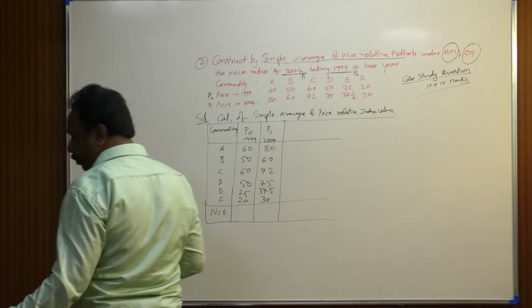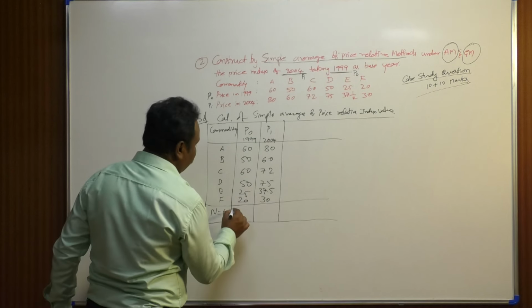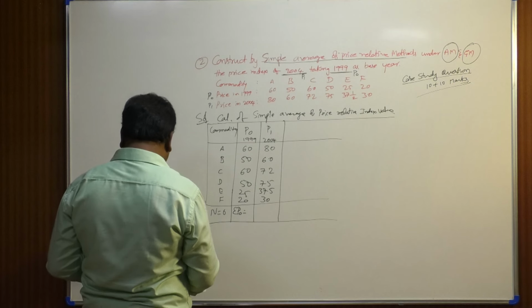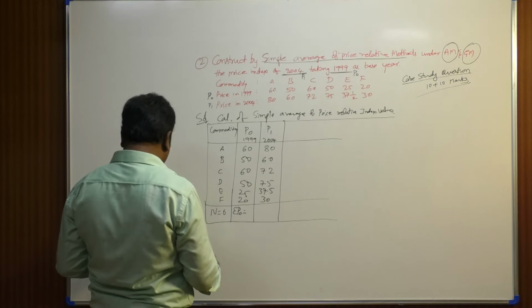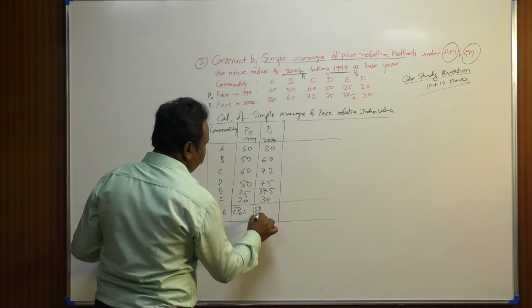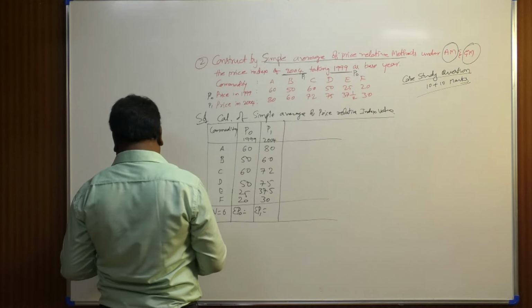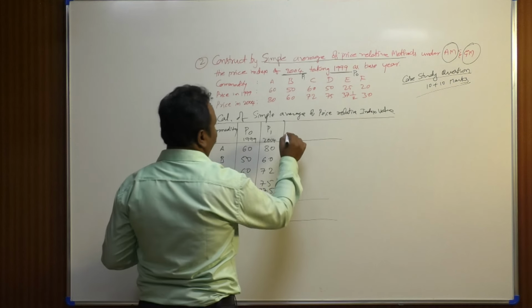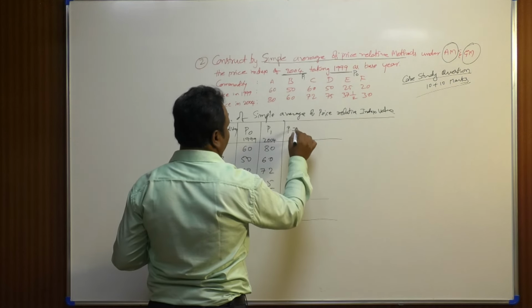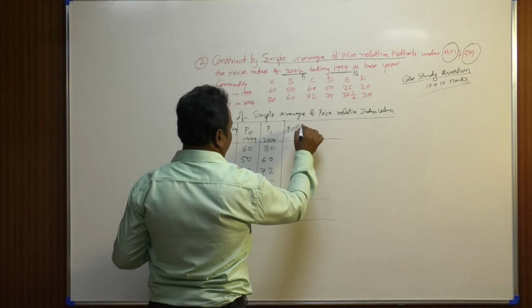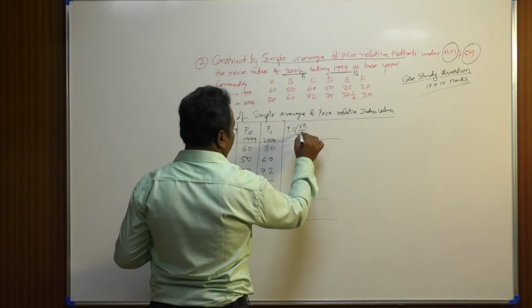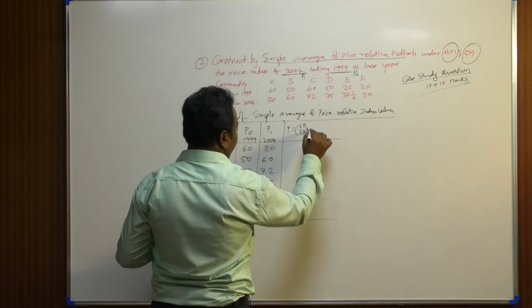Take the totals of these, sigma P0 and sigma P1. Then to calculate the P value, P equals sigma P1 divided by sigma P0 into 100.